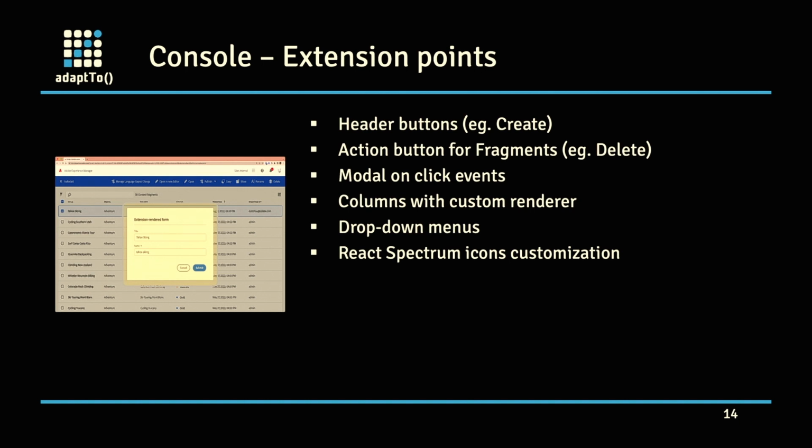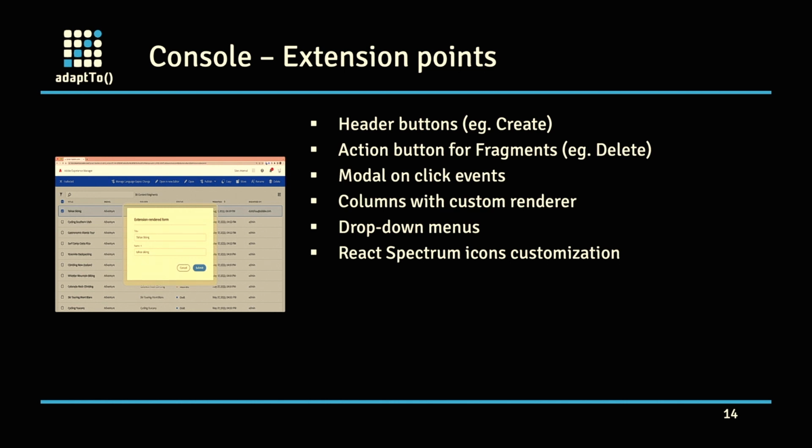Here we also see a modal floating around, to give the interaction with our users a bit more content. And afterwards, we can also add columns with custom rendering, sorting, or whatever, because sometimes there's a metadata property that we want to add to our content fragment which is not available on the AEM instance.